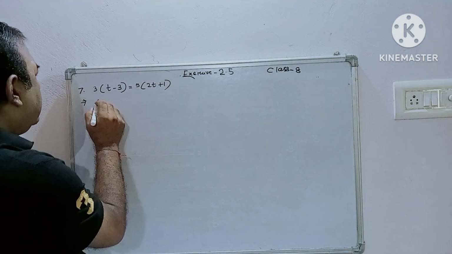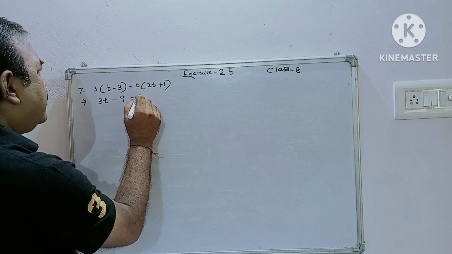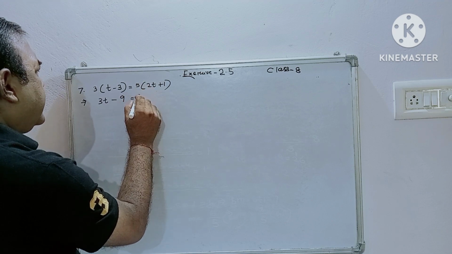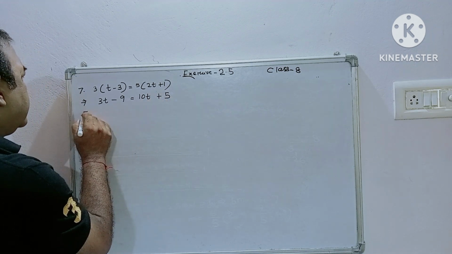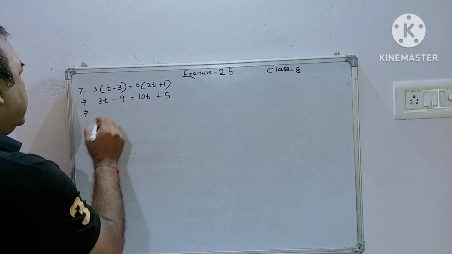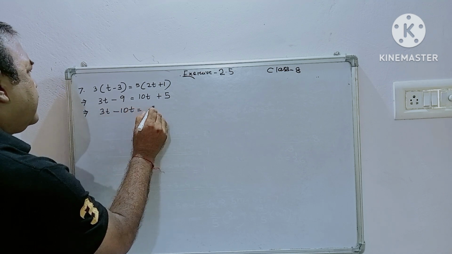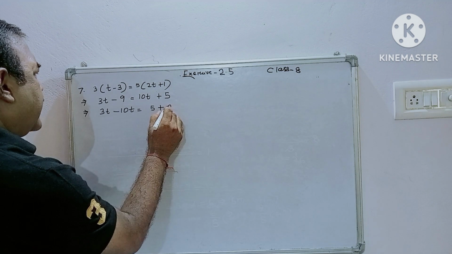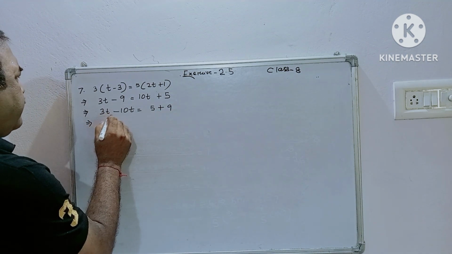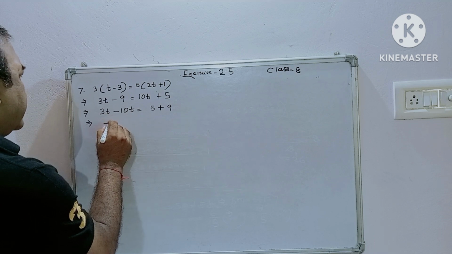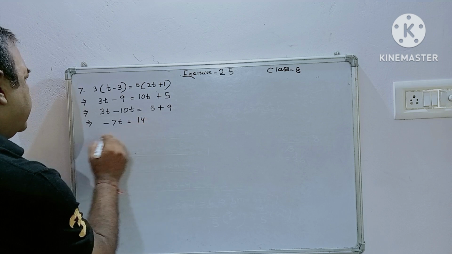Okay, so 3t minus 9 is equal to 5 into 2t, that is 10t, plus 5 into 1, that is 5. That implies 3t minus 10t is equal to 5 plus 9. That implies 3t minus 10t, that is minus 7t, is equal to 5 plus 9, that is 14.